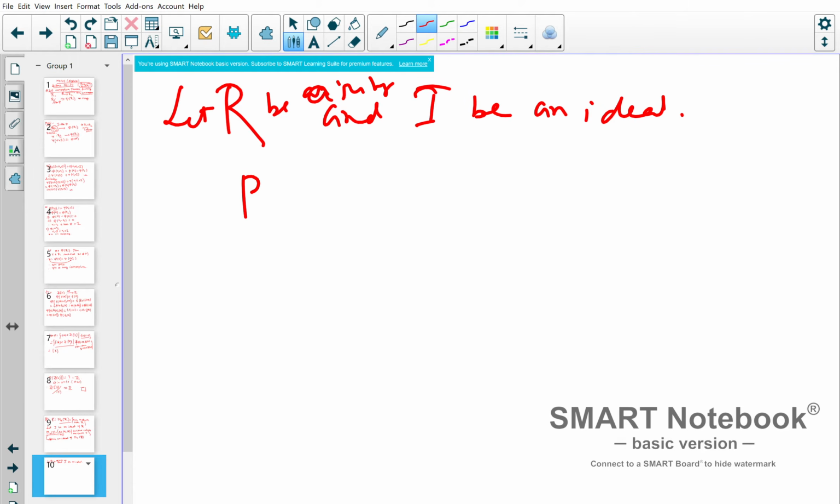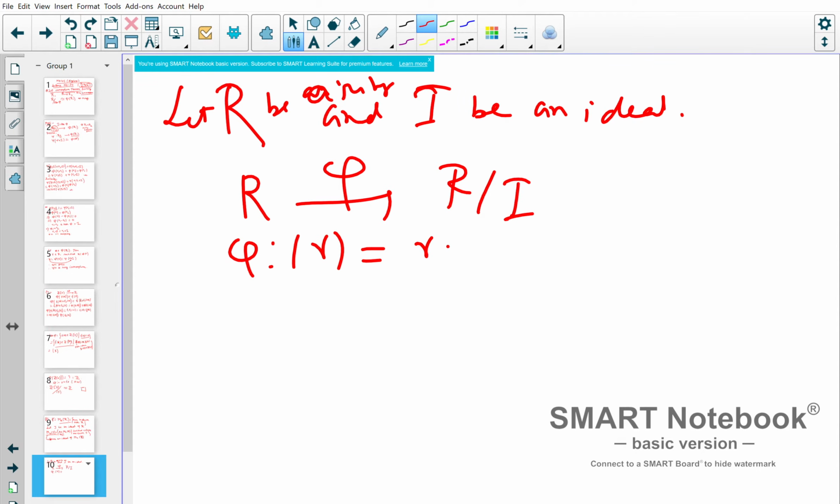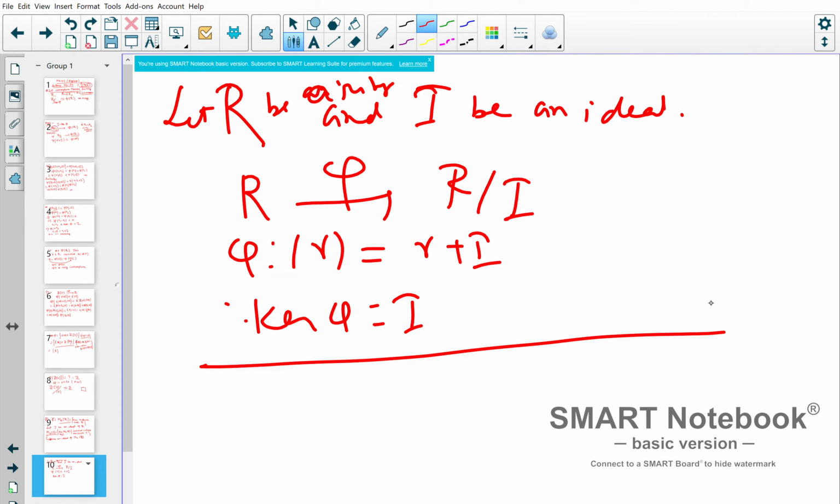So you define the map from R to R mod I, the natural map. And what is the natural map? Phi sends r to r plus I, and you see that the kernel of this phi is nothing but I. So an ideal is always the kernel of some homomorphism. The converse is also true. If you have a homomorphism, then the kernel is always an ideal, right?